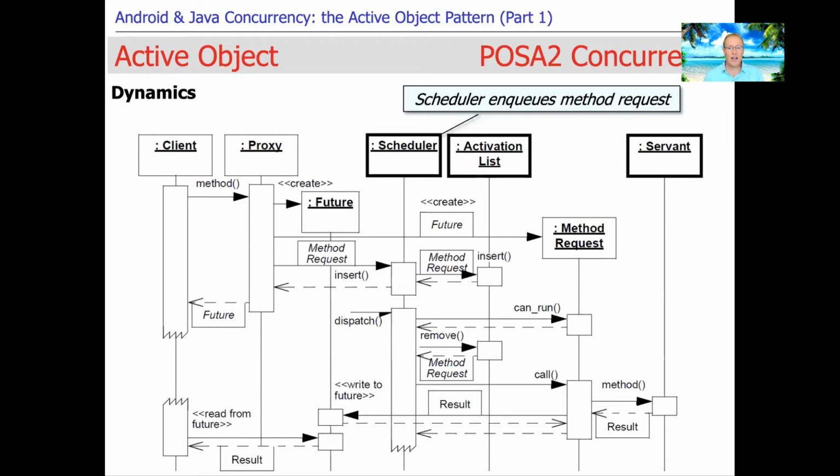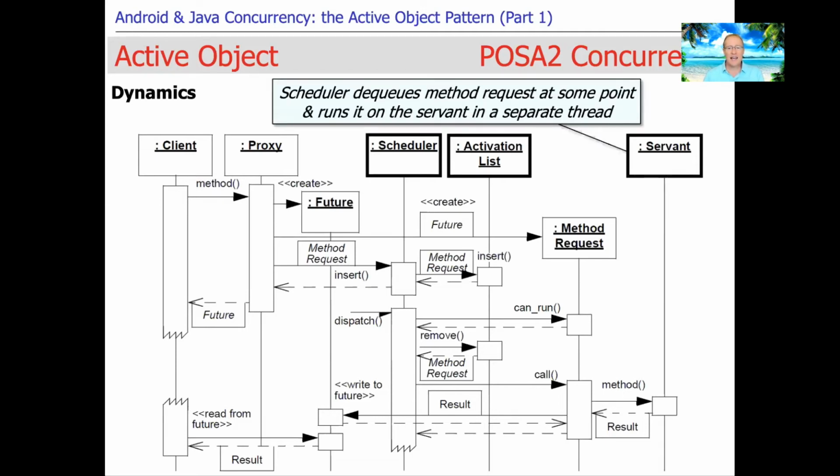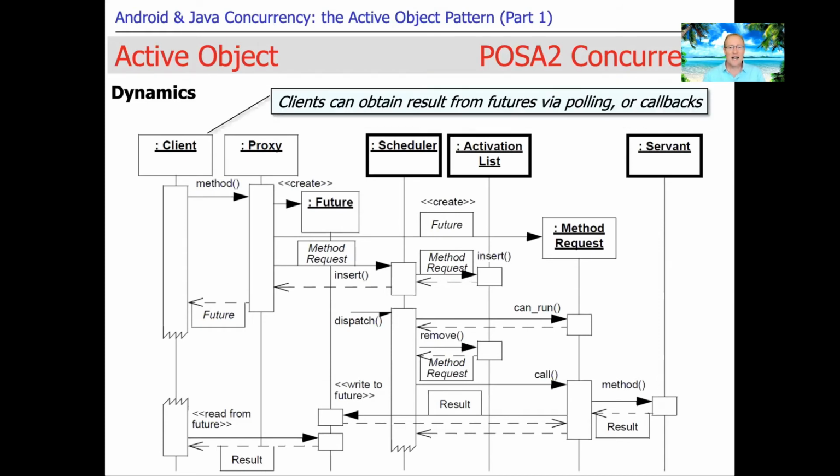The scheduler will go ahead and enqueue the method request in the activation list. Then at some point later, because of course it's got its own thread or threads of control, there will be a way for the scheduler to dequeue method requests in the right order, at the right time, under the right conditions, and then invoke the method request by converting it back into a method call on the servant that runs in a separate thread of control from the point of view of the client.